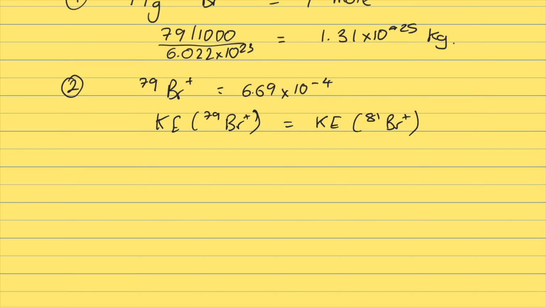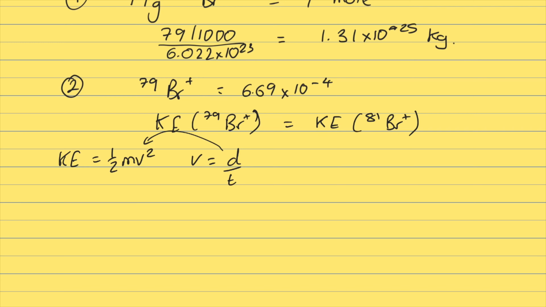The reason for that is when they leave the acceleration chamber, they're accelerated so that they have the same kinetic energy. We can then substitute into that equation half mv squared, and we can put in the d over t, because we know kinetic energy is half mv squared, and we know that velocity is d over t.